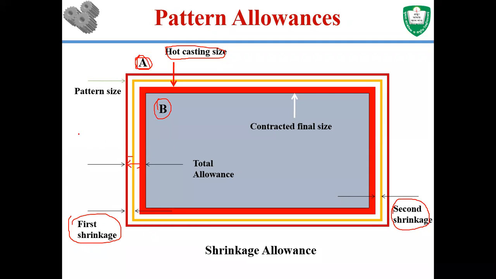But when you use the runner riser system, you can ignore the first two contractions, the first and second shrinkage, but you have to consider the contraction from the freezing point temperature solid to the room temperature solid.